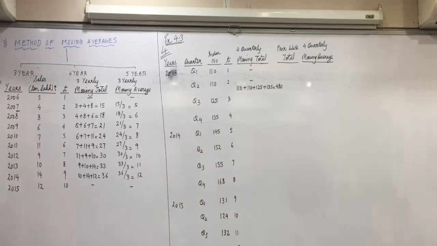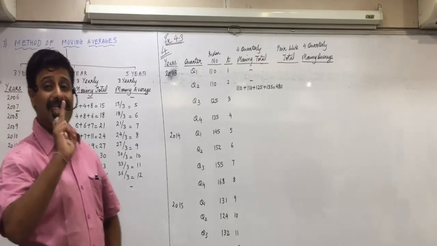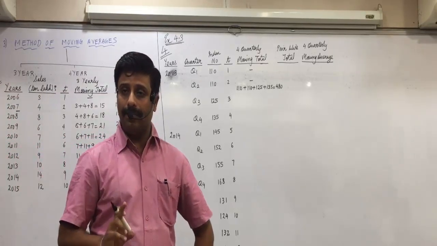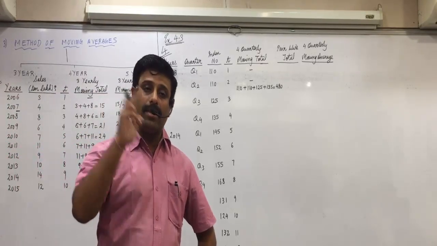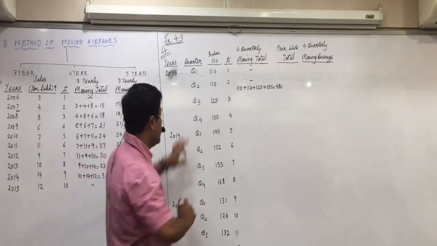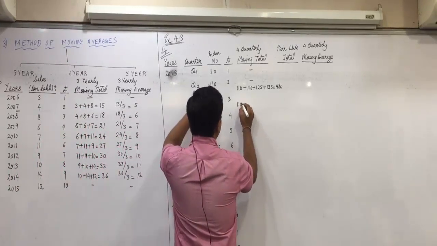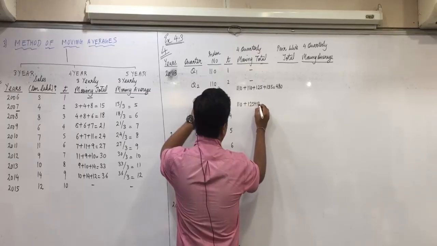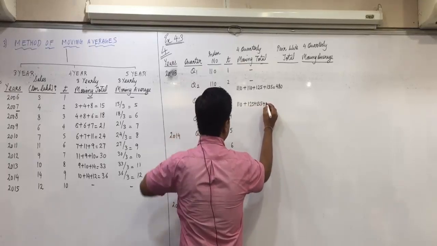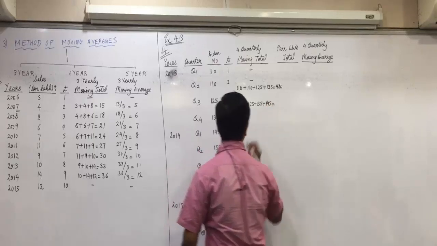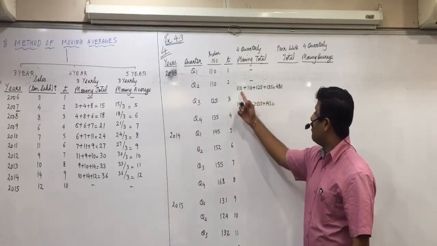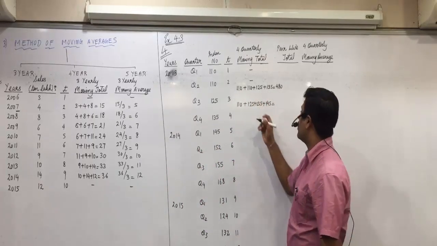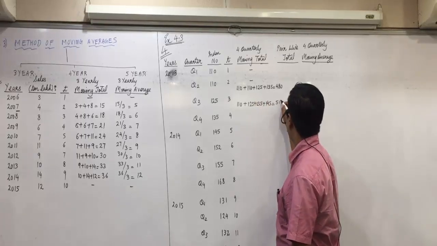Where did we write it? Between second and third line. Next, between third and fourth line. 110 plus 125 plus 135 plus 145, and you can use that shortcut. 480 minus 110 plus 45, so 35 if you add 5 and 5.